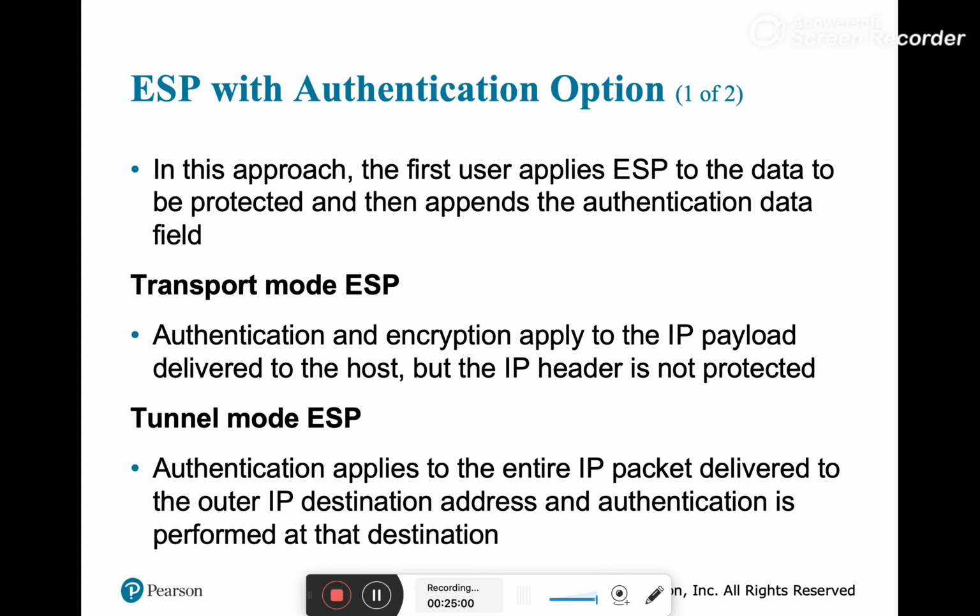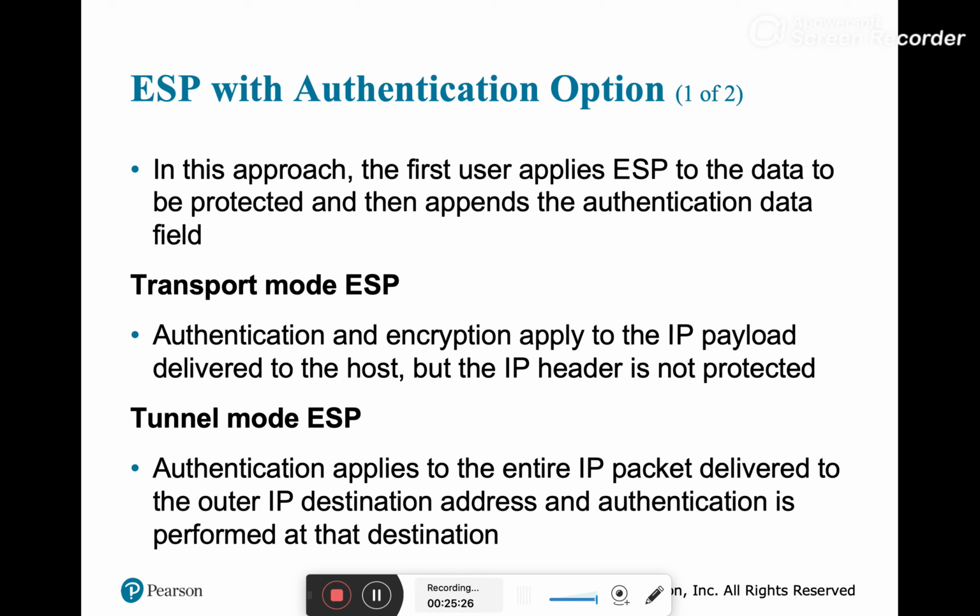So now you choose that, okay, I want to use AH for authentication and ESP for encryption. I am not interested in the ESP authentication option, but I like AH more. Then what you can do is create two security associations between the same source and destination, or between the same hosts.